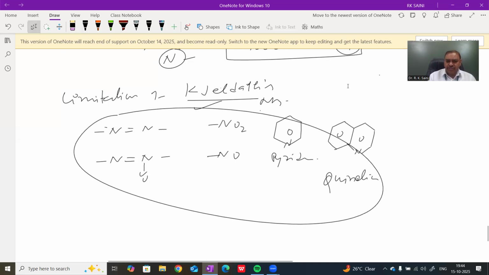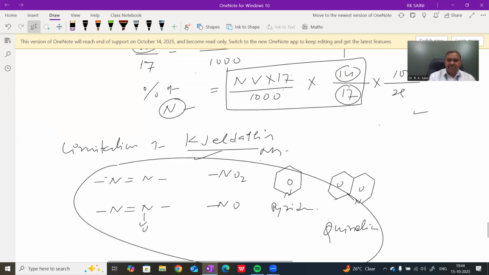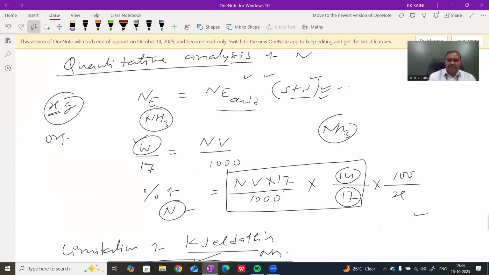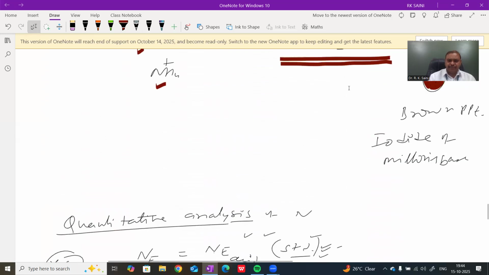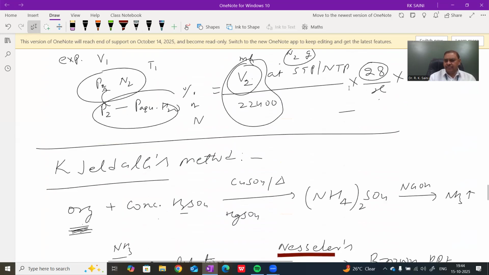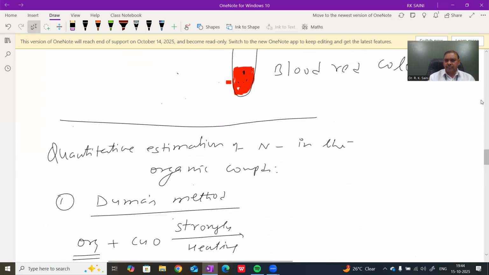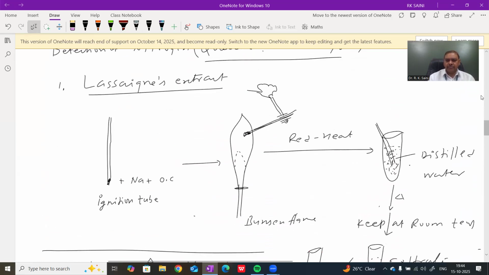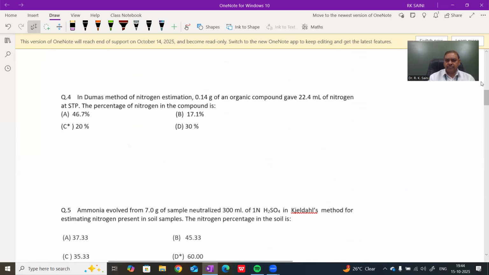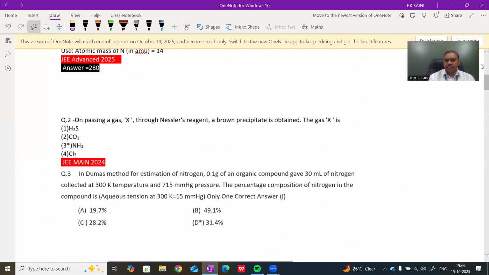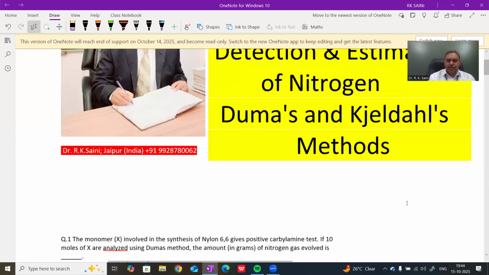Now we discuss some questions on the Duma method and Kjeldahl method asked in JEE as well as NEET examinations. Question number first. This is a very simple question.